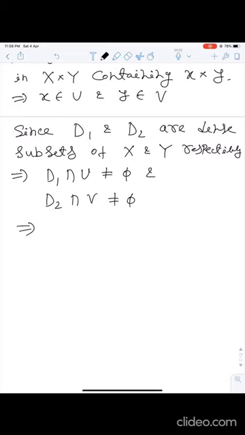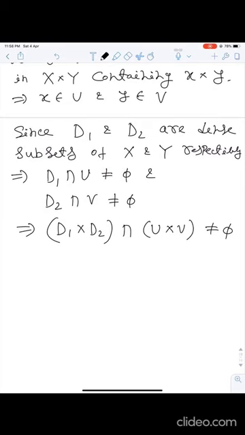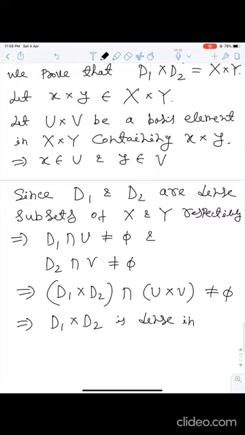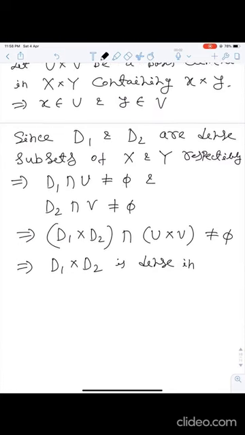Now that will imply D1 cross D2 intersection U cross V is also non-empty, right? Now that will imply D1 cross D2 is dense in X cross Y.